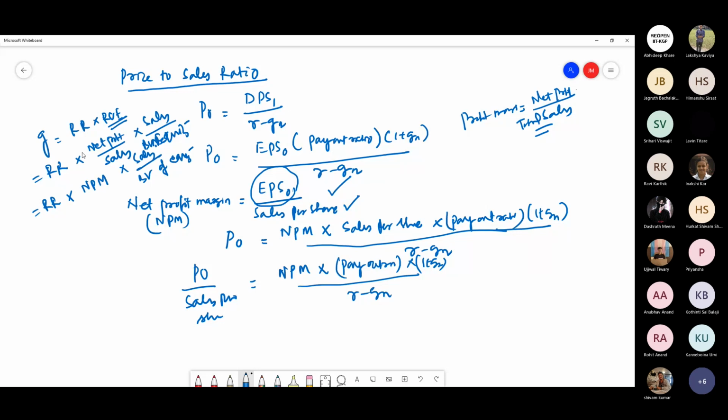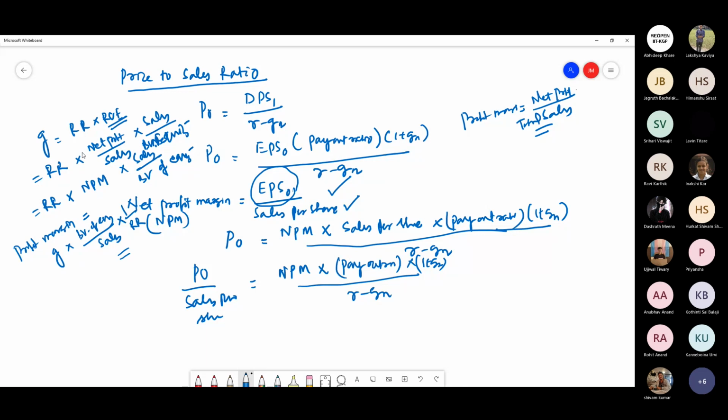Then what is that? Your profit margin is basically your growth rate multiplied by your book value of equity divided by your sales, multiplied by 1 by RR, the retention ratio.